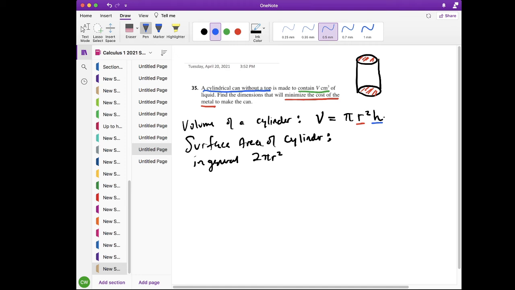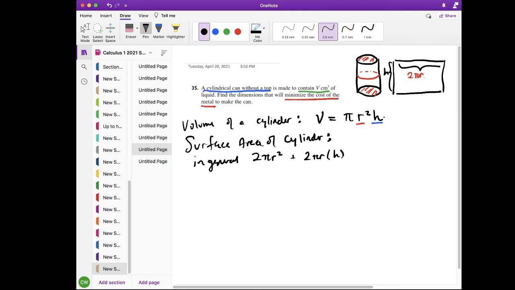And then plus 2 pi r h is because when you unravel this, it makes a rectangle of height h, and the length is actually just the circumference of the circle, just 2 pi r. So that's true in general.